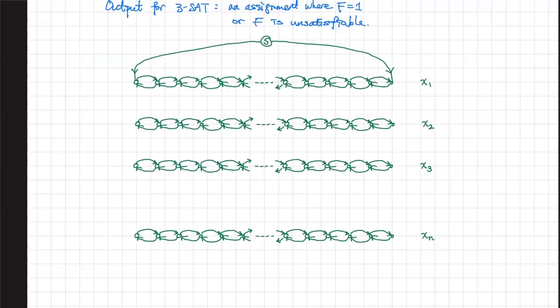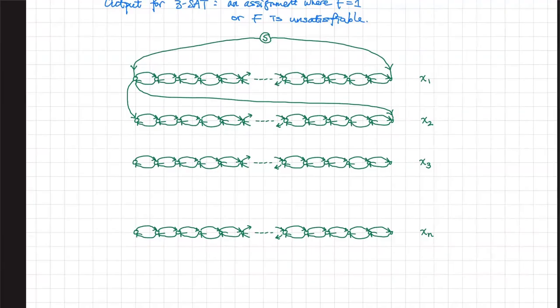Then in between each row, I will have the beginning of each row point to the beginning of the next row and the ending of the next row. Same thing for the last node. I will also point that to the last node of the next row and the beginning of the next row.